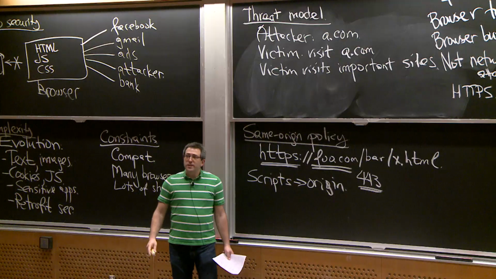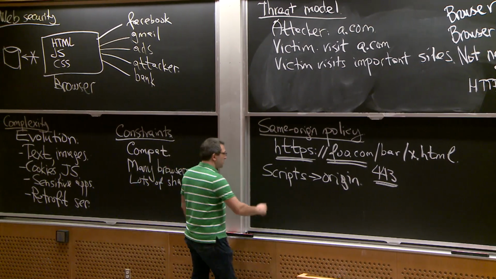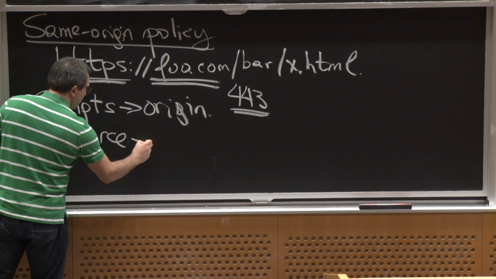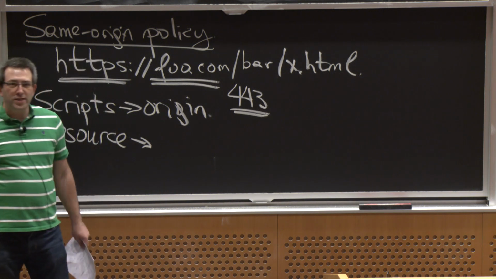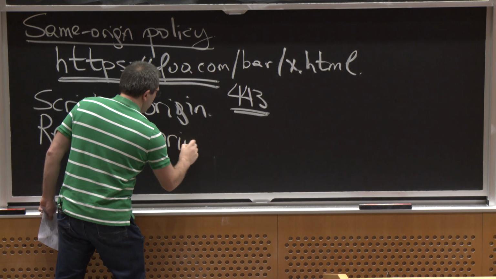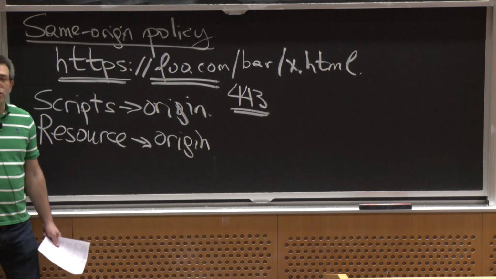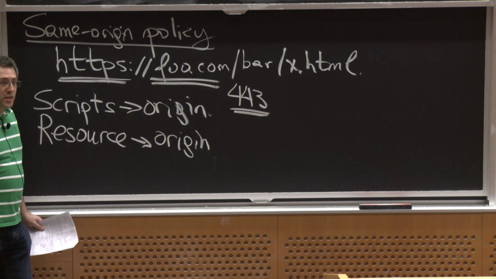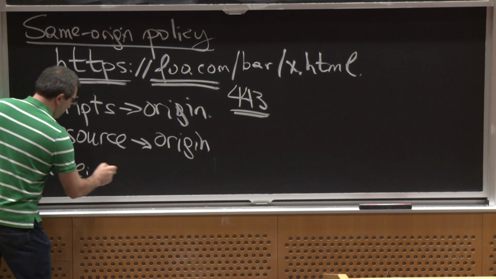And then those scripts are going to do stuff to objects or resources. So that's the terminology in the web. A resource is something that a script can poke and do stuff to: read, write, request, reload, whatever. And these resources are also going to get an origin to allow us to decide when things are OK to allow or not. And once we assign origins to scripts and resources, then the rule is seemingly very simple.